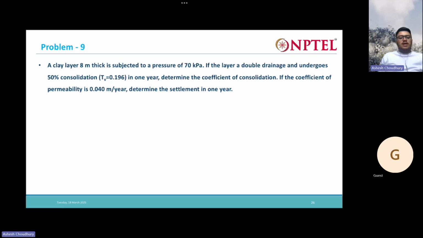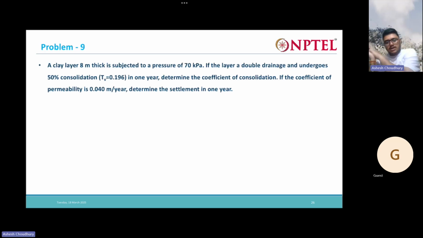See this. A clay layer 8 meter thick is subjected to a pressure of 70 kPa. If the layer is double drained and undergoes 50% consolidation in 1 year, determine the coefficient of consolidation. If the coefficient of permeability is 0.04 meter per year, determine the settlement in 1 year.